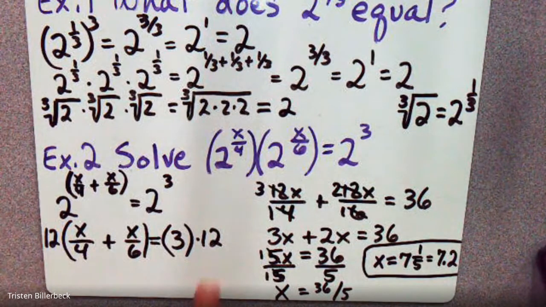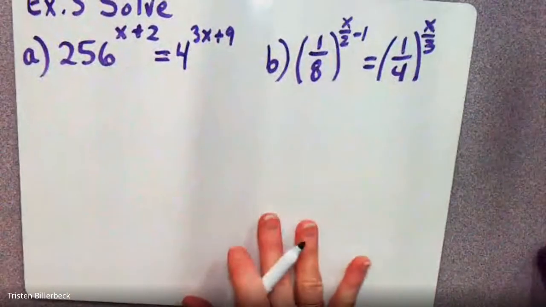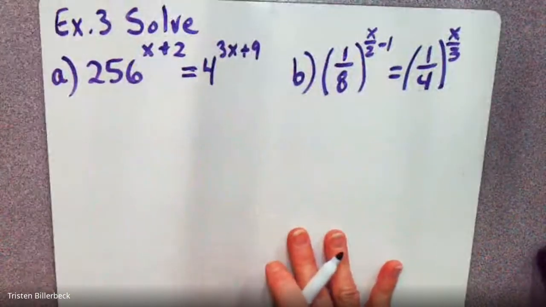All right, so we were fortunate enough to have the same base, but we don't always get problems that have the same base, so we have to play a Where's Waldo game and find that base that's all the same. So on these problems, we're going to have to find that base.